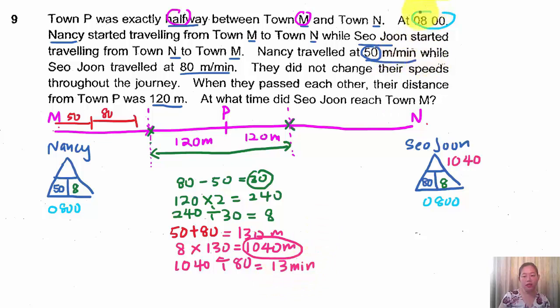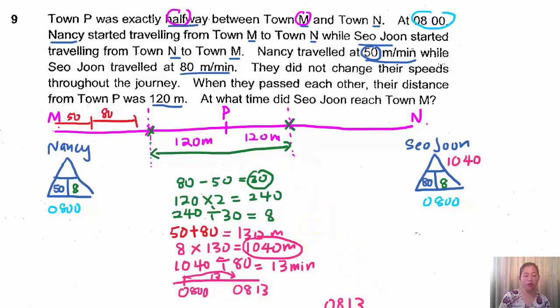Since he started at 8 a.m. and traveled for 13 minutes, he would have reached town M at 0813, which is our answer here.